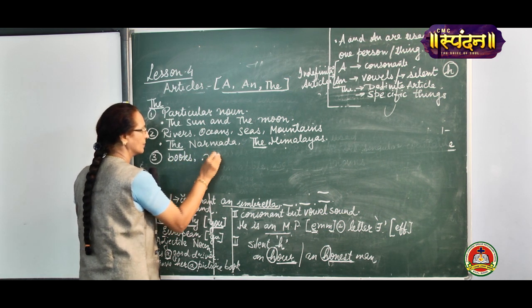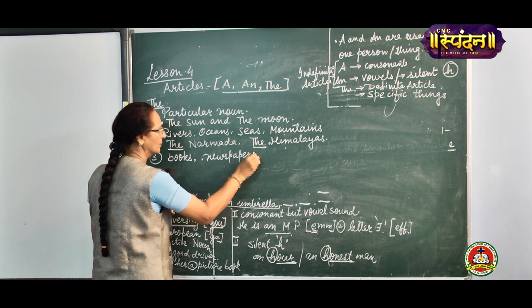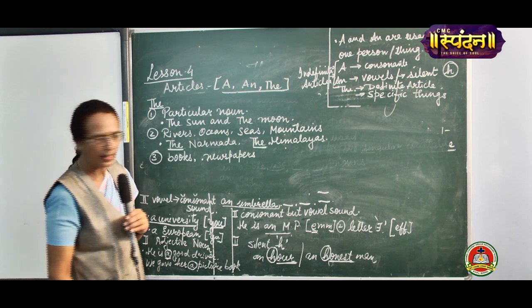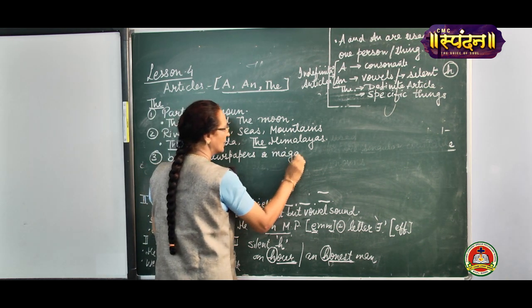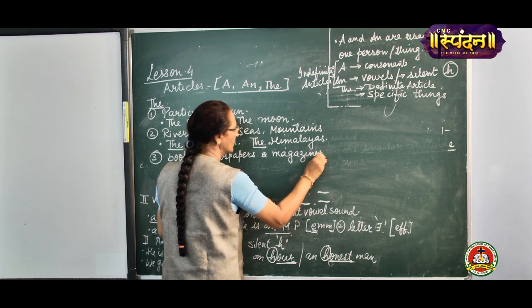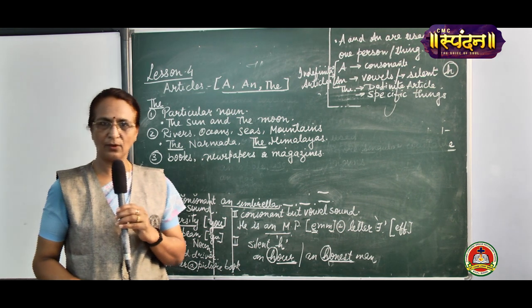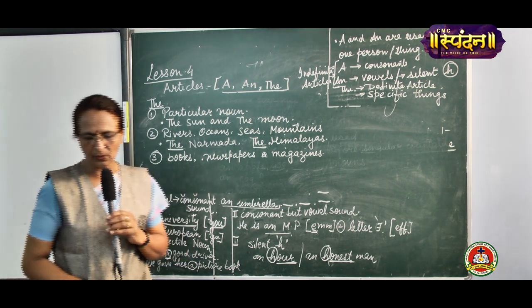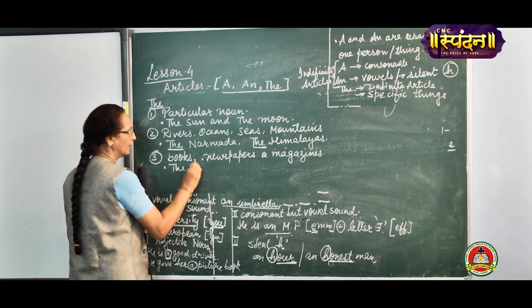Now, we also use the before the names of books, newspapers, and magazines. You must have seen the magazines also coming to your house. The Outlook magazine, isn't it? The Economic Times. In the same way, the book, The Panchtantra.